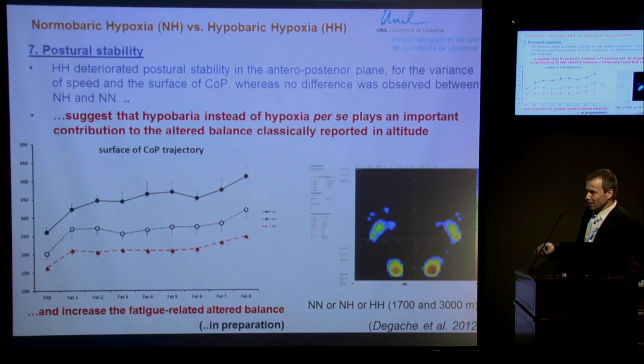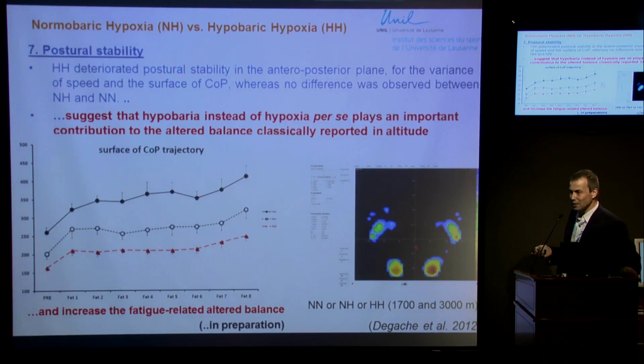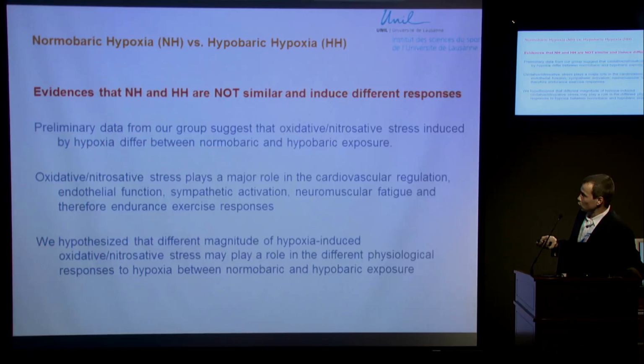So definitely, the equivalent air altitude model is a very simple one, but we found many, many differences. To summarize, we have a lot of evidence that NH and HH are not similar and induce different responses.